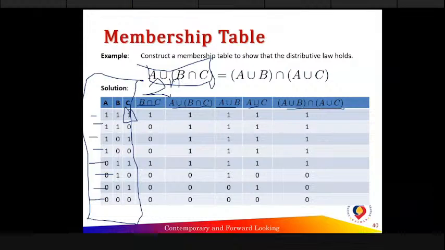Anyway, we will first calculate this, and then with the result of this, we say A union whatever it is there. So that's why you notice that here we are doing the individual operations.